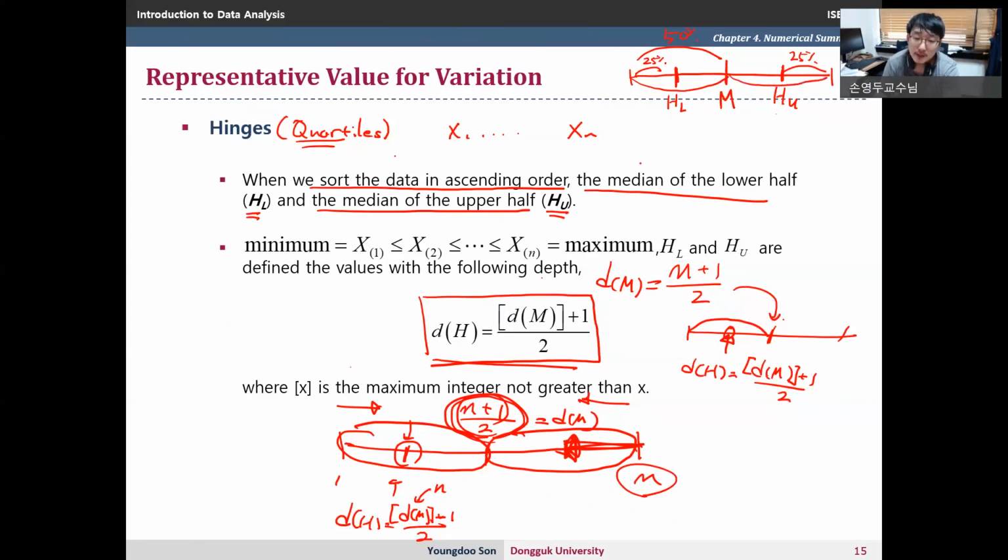So the depth of hinge can be considered like this, because instead of the number of data points, we can use the depth of median here. So we can find the depth of hinges.